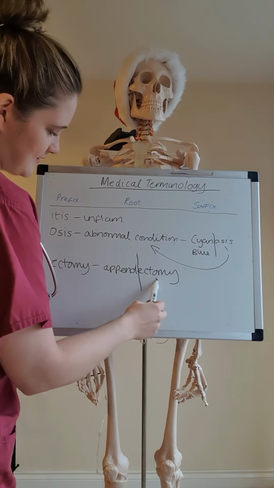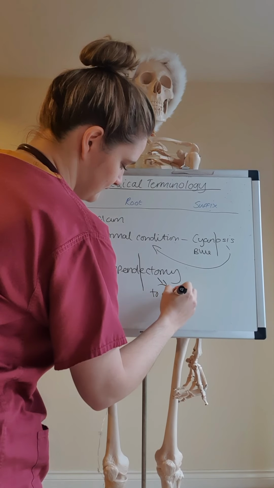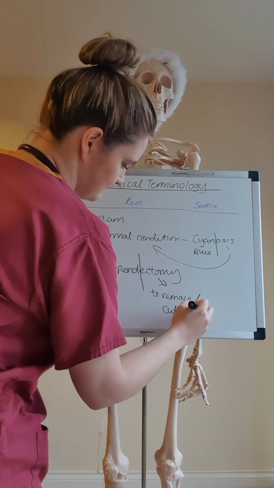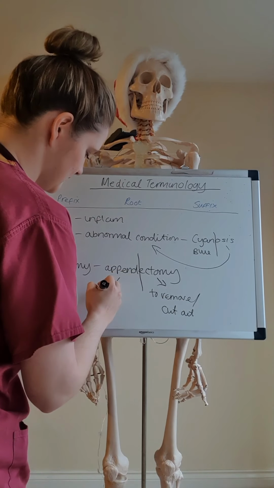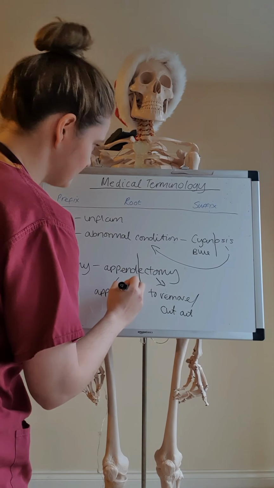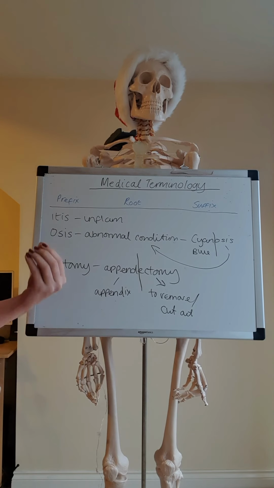Ectomy means to remove or cut out, and append is appendix. So we're just getting those really long words and breaking them down into words that we can understand.